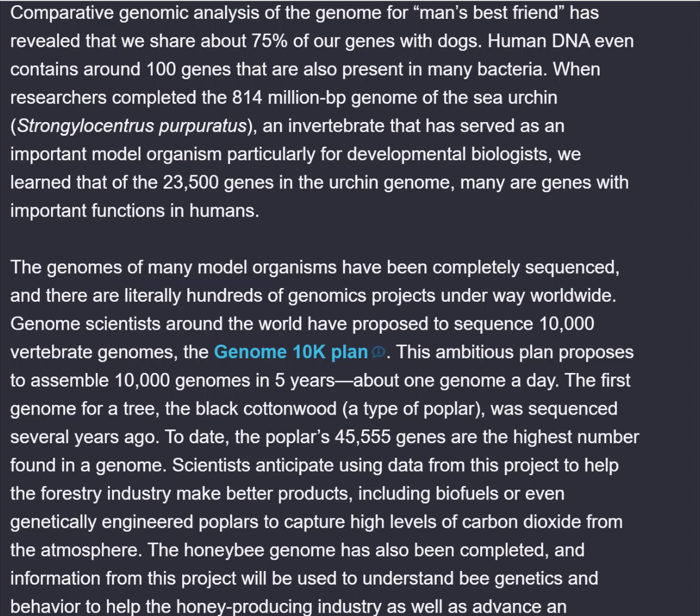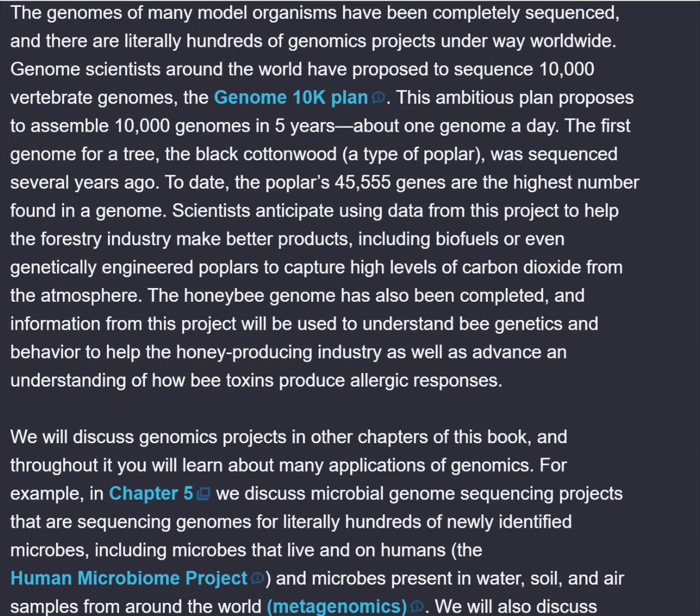When researchers completed the 814 million BP genome of the sea urchin, Strongylocentrotus purpuratus, an invertebrate that has served as an important model organism particularly for developmental biologists, we learned that of the 23,500 genes in the urchin genome, many are genes with important functions in humans.